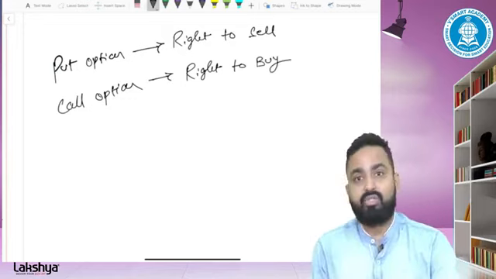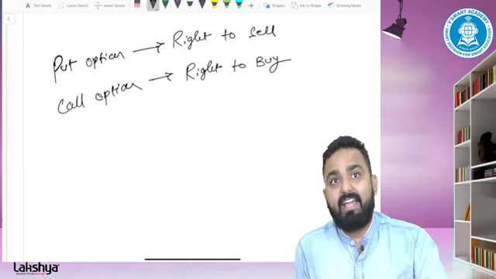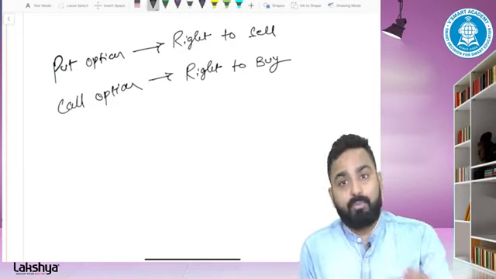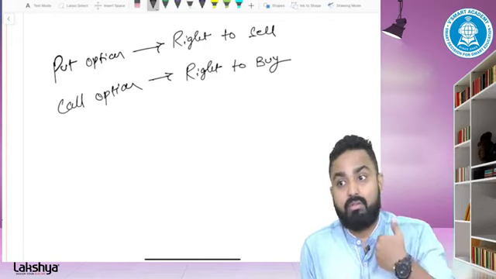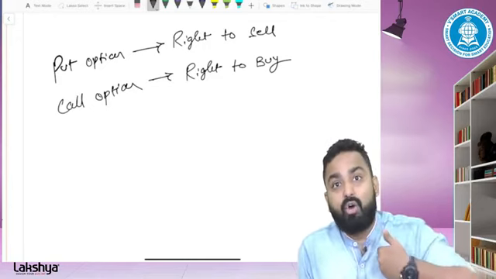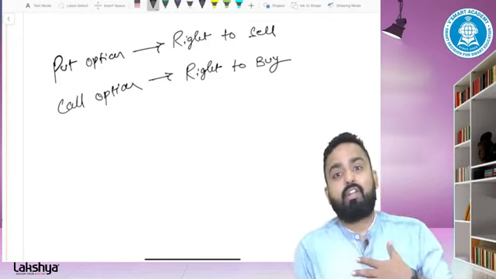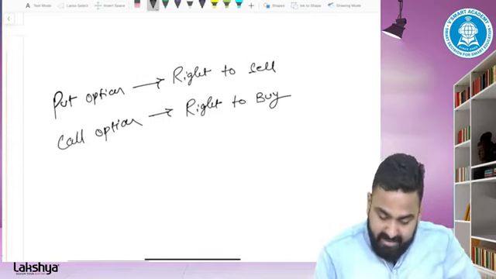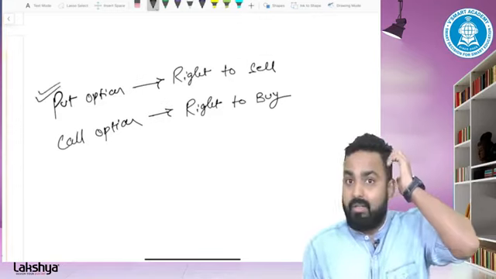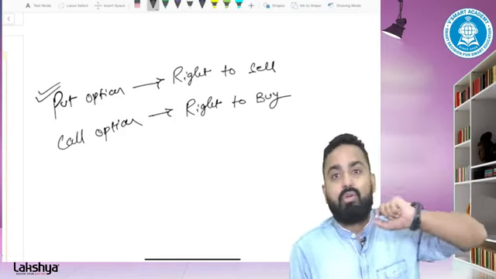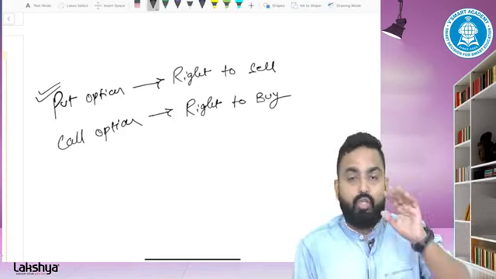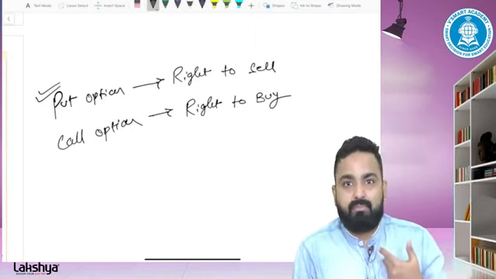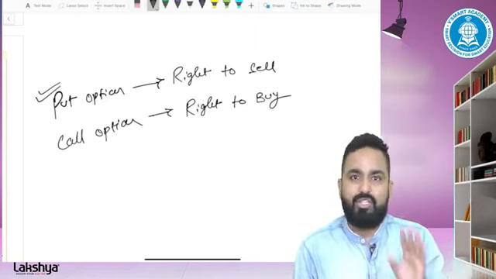Put option means right to sell. Suppose I have given a put option to my shareholder, the person who is holding my company share. Suppose I'm giving you, Muhammad, one put option, and you are holding my company's share.